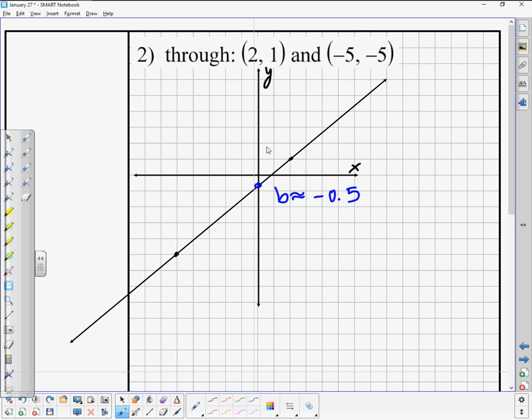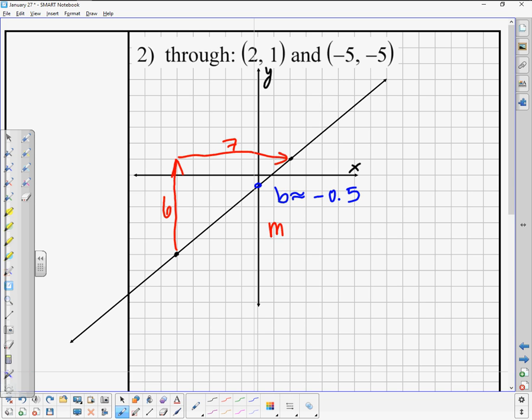I want to go from this point to that point. I'm going to go up, and let's count how many lines I went up. 1, 2, 3, 4, 5, 6. And now I'm going to go to the right and count how many lines I went to the right. 1, 2, 3, 4, 5, 6, 7.